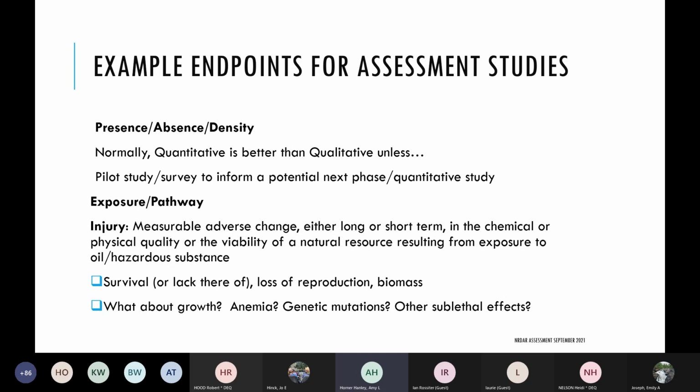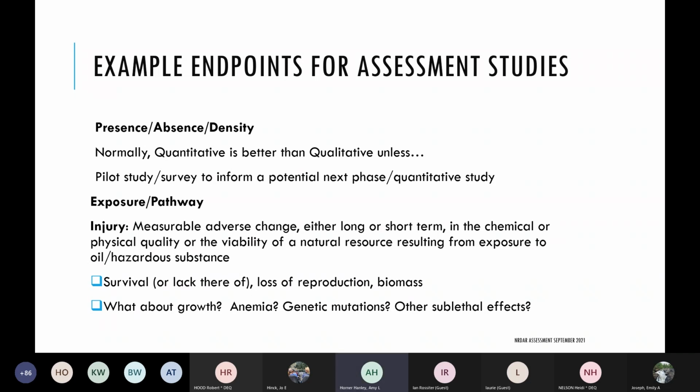You'll have to think about whether those costs are reasonable to do it stepwise like that, but just knowing that something is there, as opposed to how many are there or not there, is not very helpful when it comes to trying to quantify your injury.